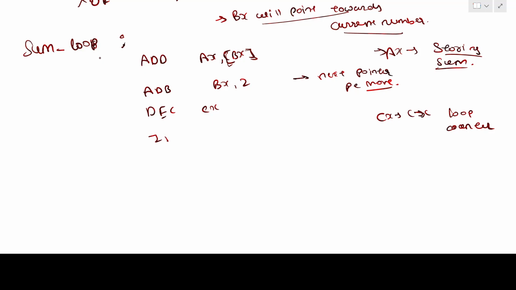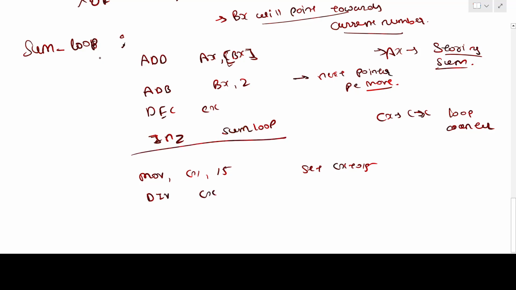jnz sum_loop: repeat until all the numbers have been added. And then mov cx, 15: set cx to 15, and divide the sum by 15.